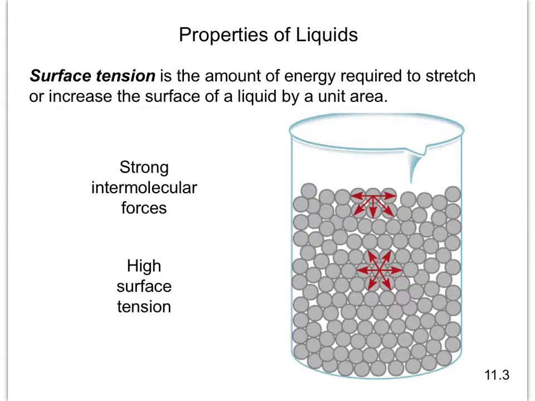So surface tension, amount of energy to break the surface, basically. Strong intermolecular forces, things with hydrogen bonding, water, and things with dipole-dipole interactions potentially are going to have higher surface tension.